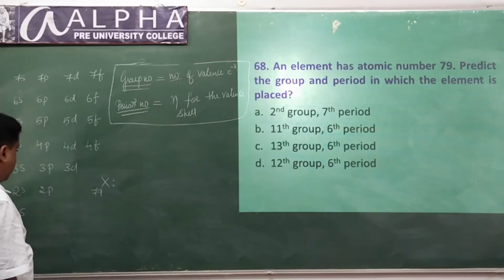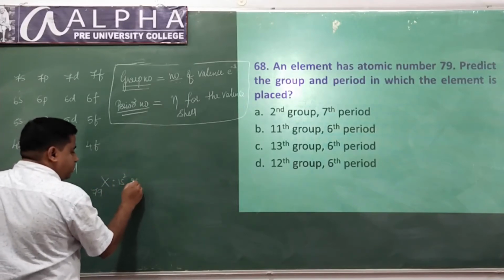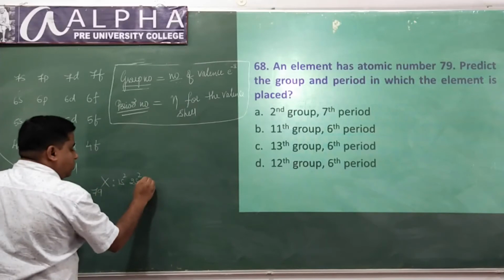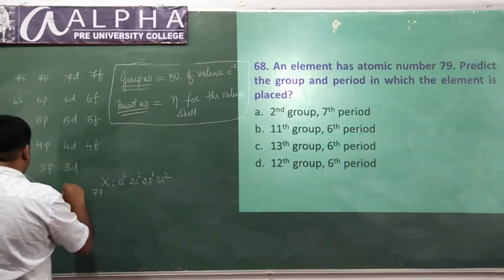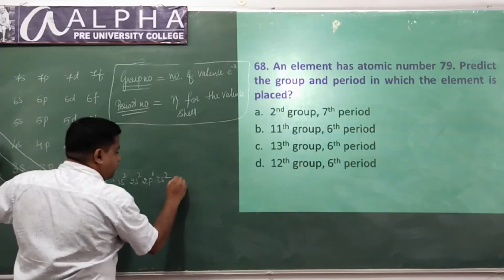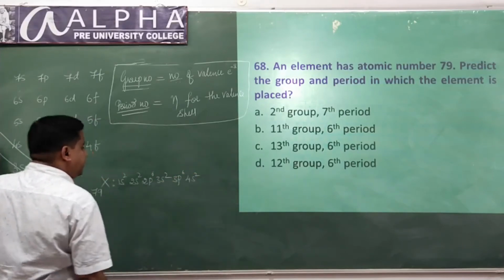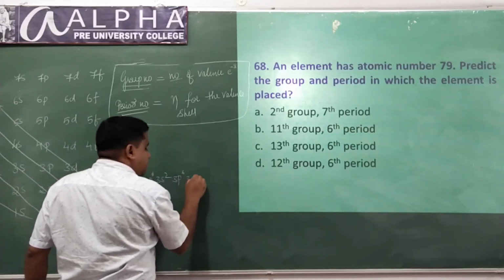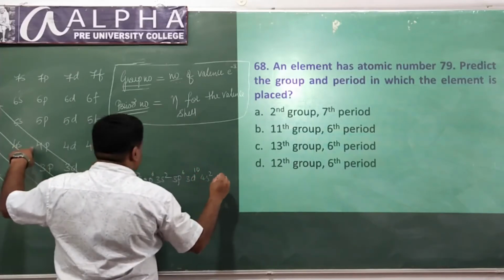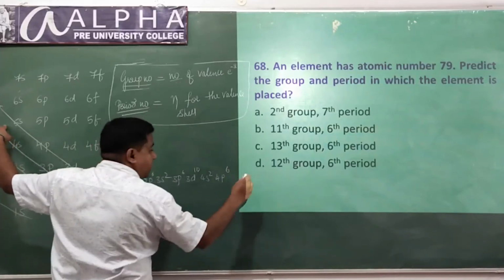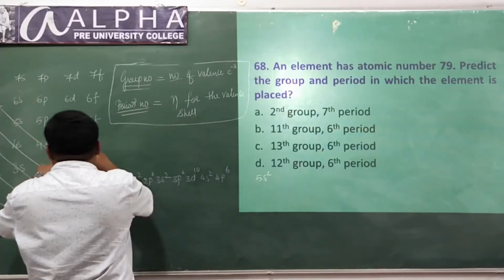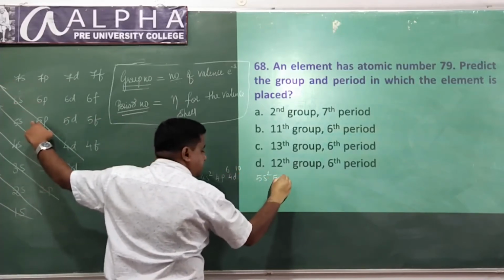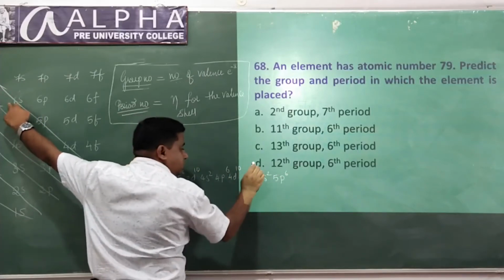Start with 1s2, 2s2, then 2p6, 3s2, then 3p6, 4s2, then 3d10, after 3d, 4p6, after 4p, 5s2, then 4d10, then 5p6, and then 6s2.